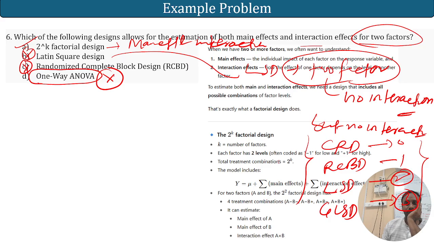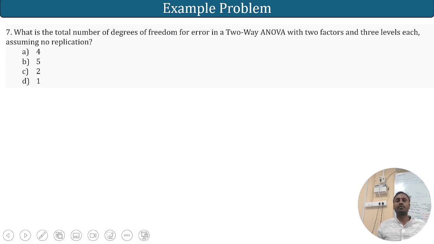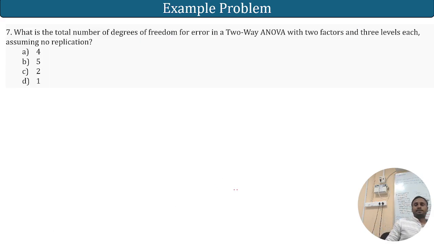We can see here. What is the seventh one? What is the total number of degrees of freedom for the error in two-way ANOVA with two factors, three levels each, assuming no replication? Two factors, multiple levels.